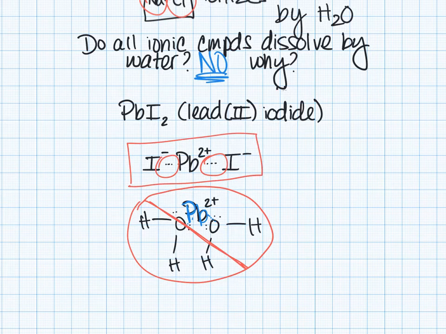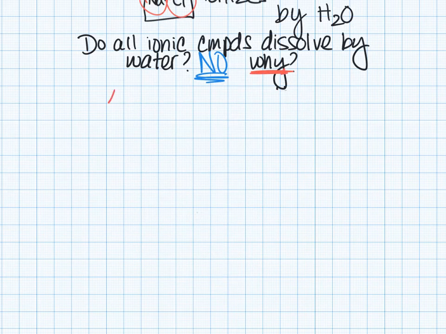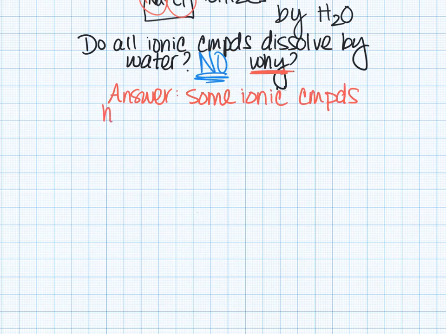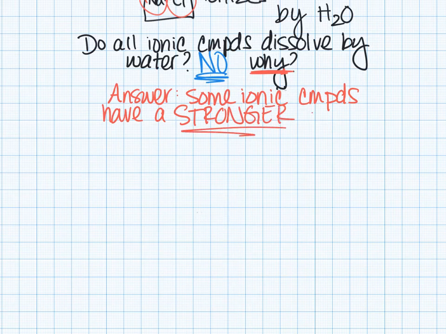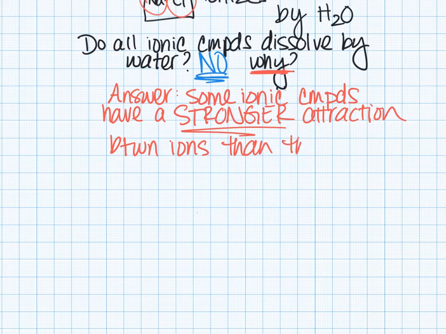So the general qualitative answer to why is that some ionic compounds have a greater or stronger attraction between the ions than they would have with water.